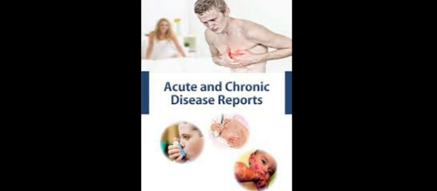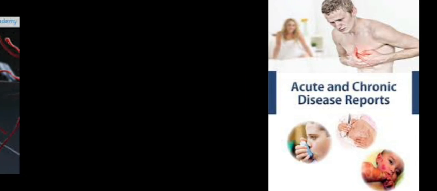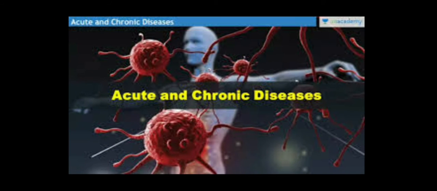Acute and chronic diseases, both may lead to poor health. Acute disease is for a short time, chronic disease for a long time. Cough and cold are a few diseases which are good examples of acute disease.